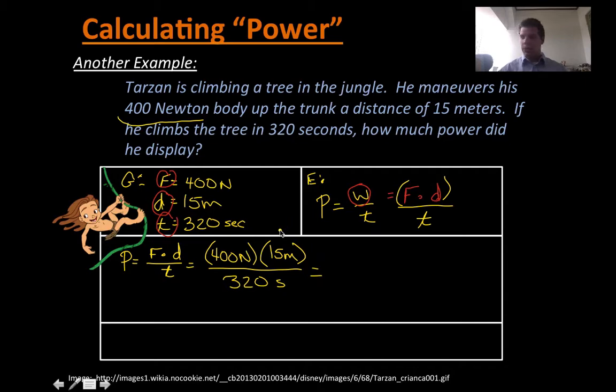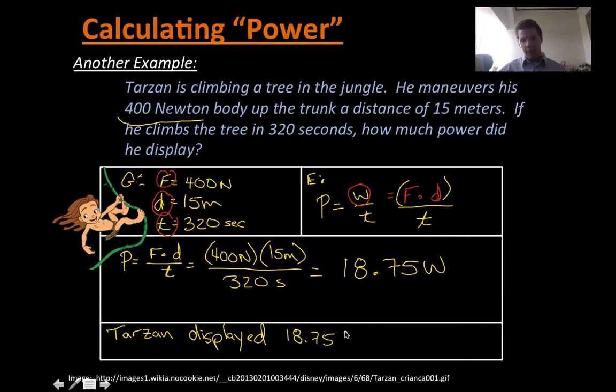So when we multiply that all out, we end up getting 18.75 watts. And so we can say Tarzan displayed 18.75 watts of power.